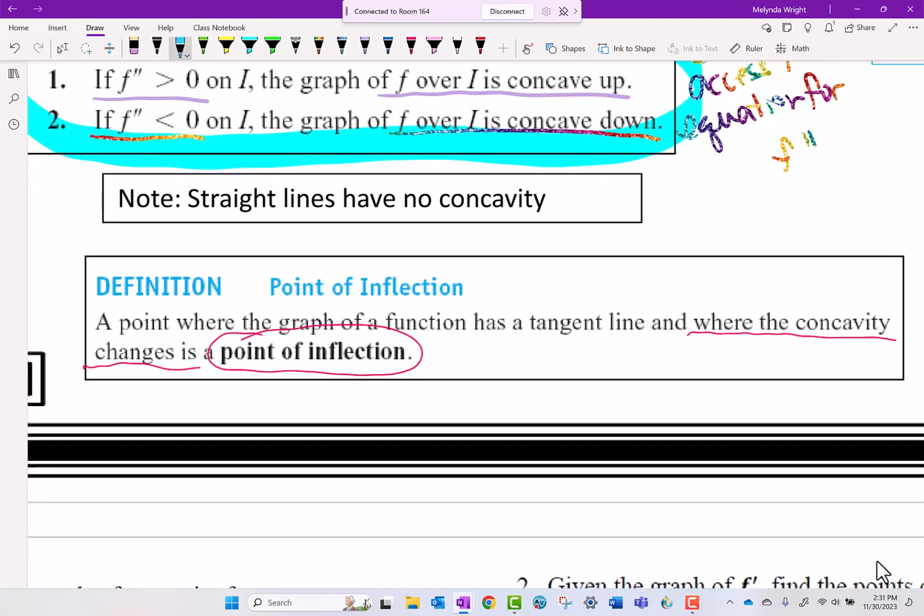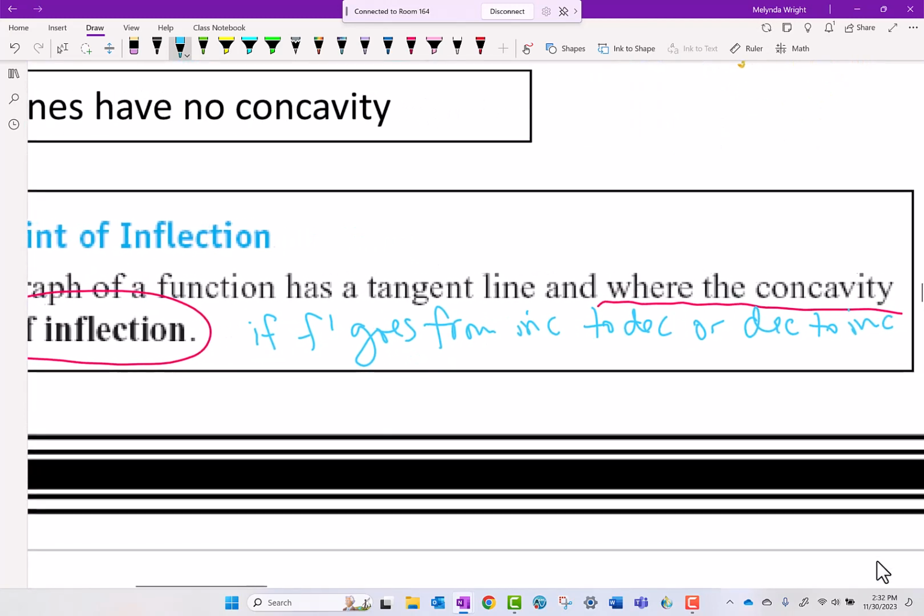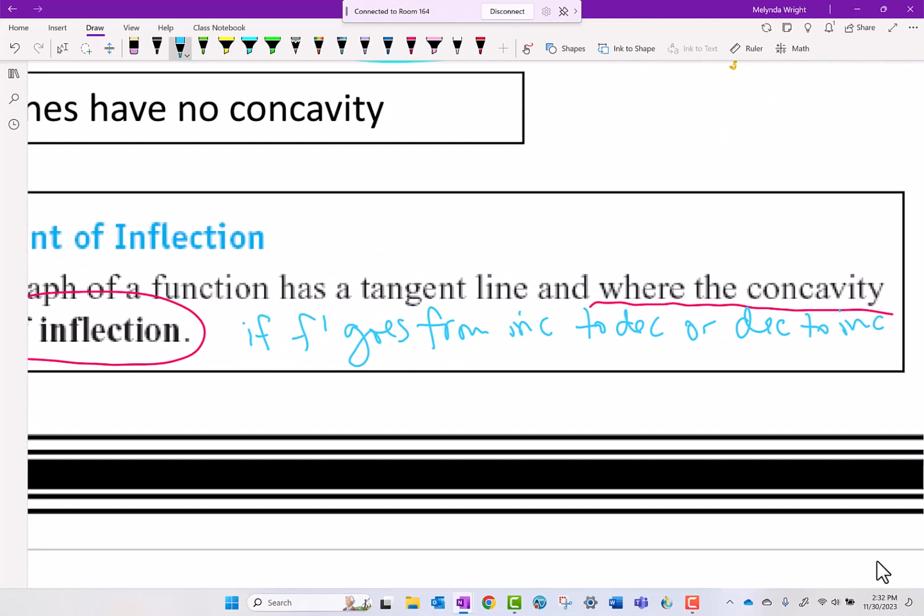So if F prime goes from increase to decrease or decrease to increase, we have a point of inflection. That's from the first time, where we're using the definition of concavity. Well, what if we have the second derivative?